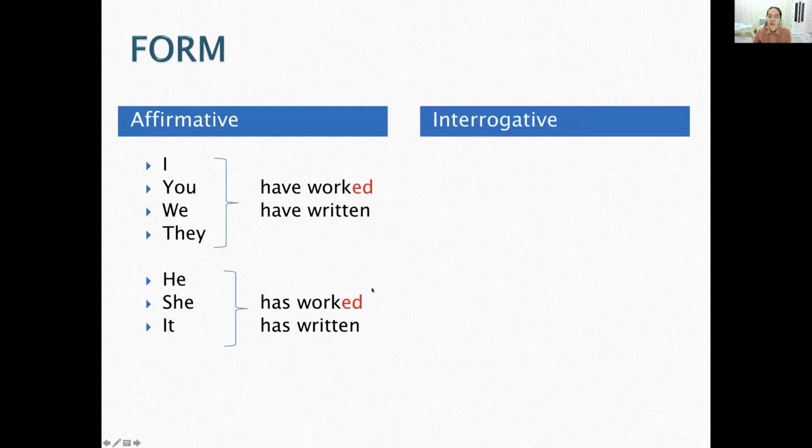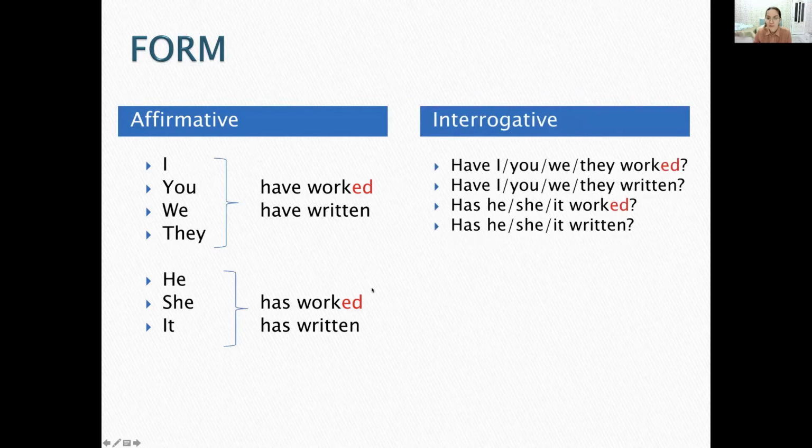So the interrogative sentence, that is, the question. In the question, the sentence should be like this: Have I, you, we, they worked? So look at the form. We just change the order, yeah? Subject with the auxiliary verb have.